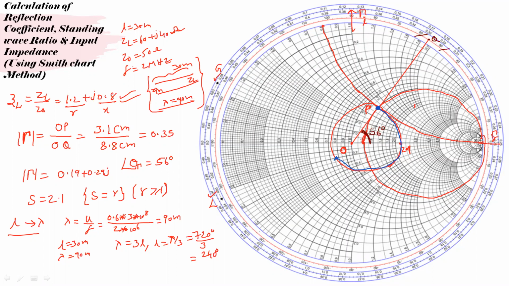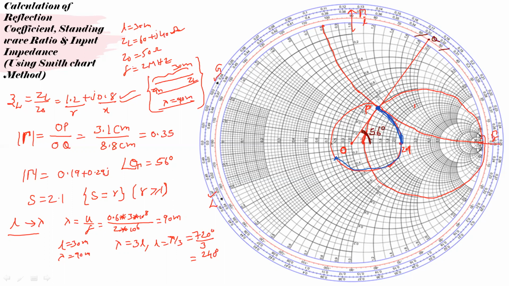Here, from point P you need to move, right? This blue line on the circle is to find the value of input impedance as we move. Up to this portion, 56 degrees were covered, right? 56 degrees covered.